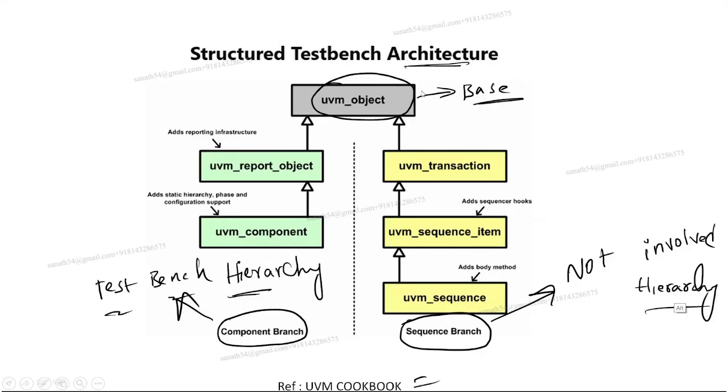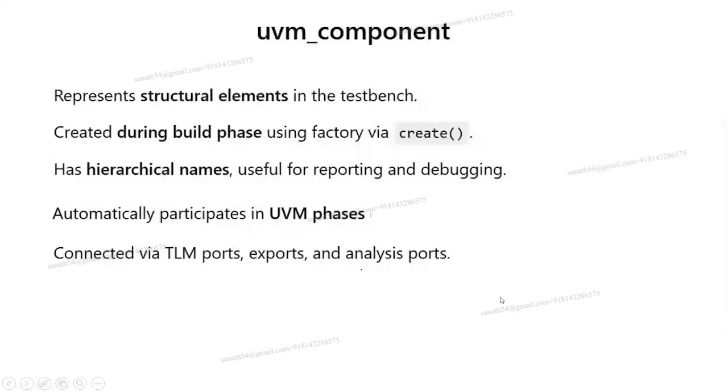In the sequence branch there is no involvement in the hierarchy; we have the transaction class, and transaction and mailbox in SV are not like that. This will not take part in the hierarchy: uvm_transaction, uvm_sequence_item, and uvm_sequence.